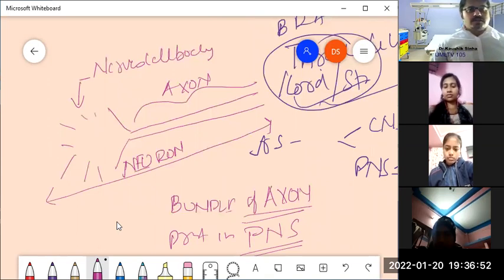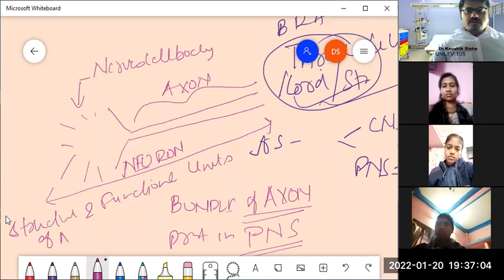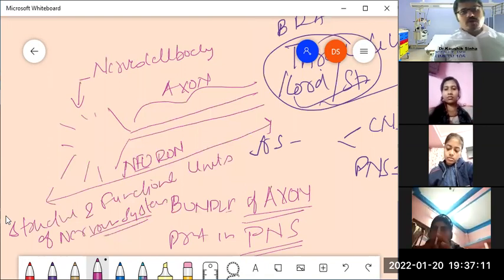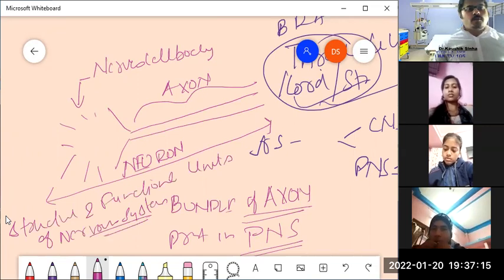So we can consider that neurons are the structural and functional unit of the nervous system. Because we know the cell itself is the structural and functional unit of the entire body.